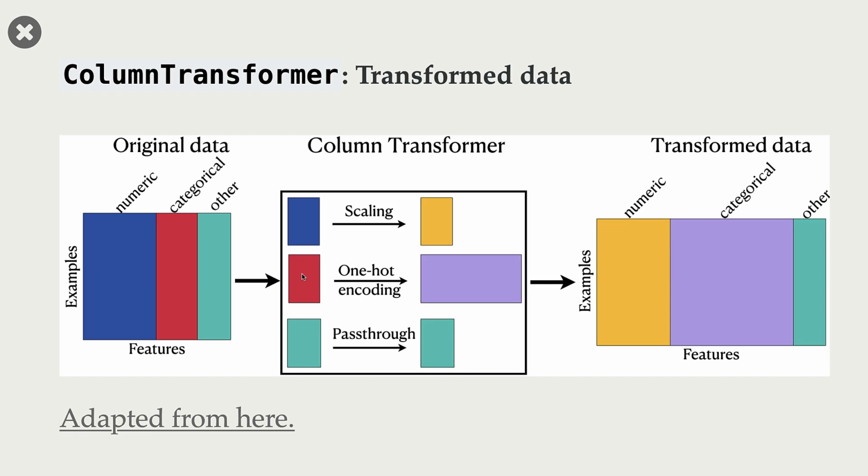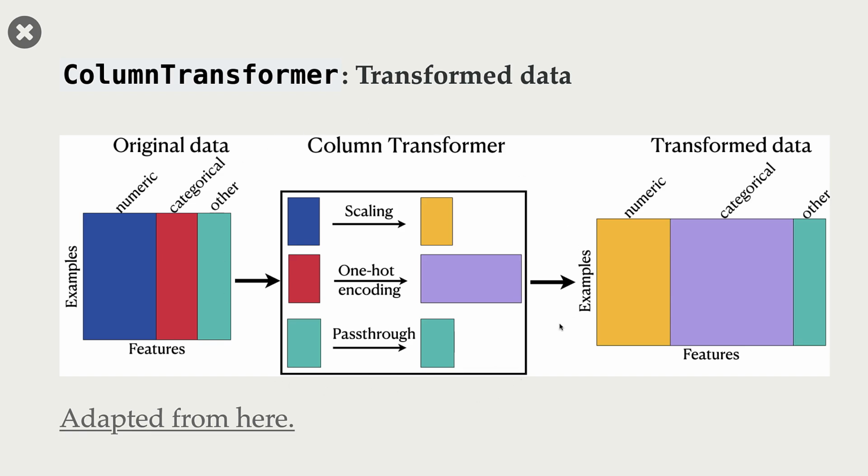The second transformer is this one-hot encoder transformer. We are taking categorical columns and we are applying one-hot encoding on them. After applying one-hot encoding, we are going to have more columns here. And the third transformer here is pass-through transformer. For these other features, we do not want to apply any transformation. So the data is not changing and number of columns is also not changing.